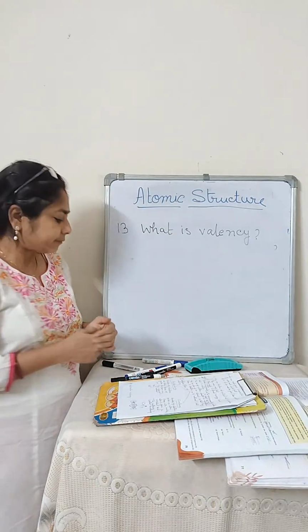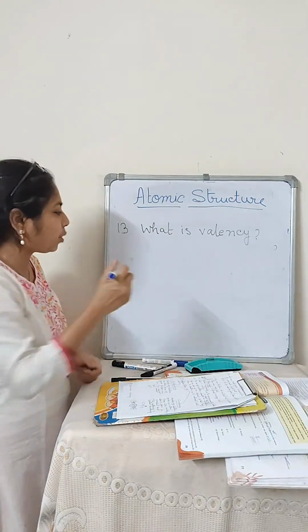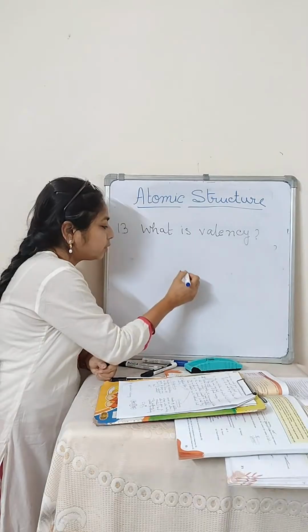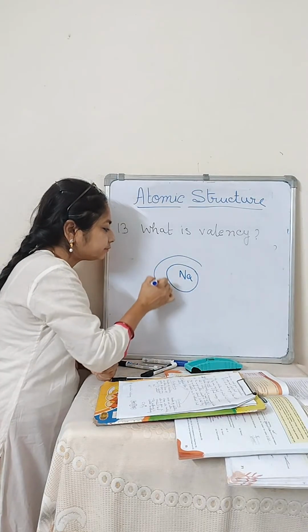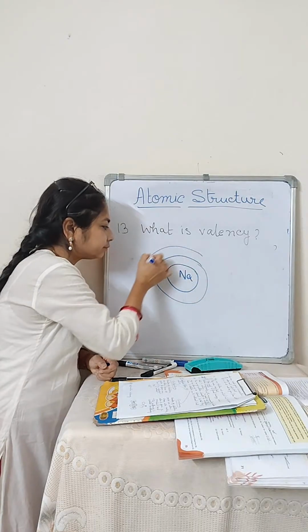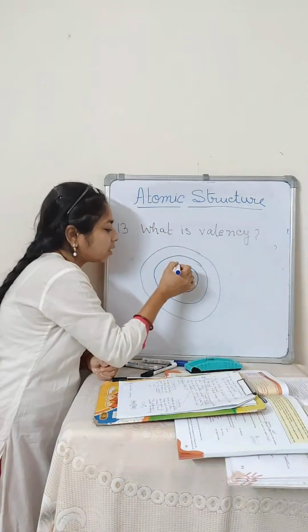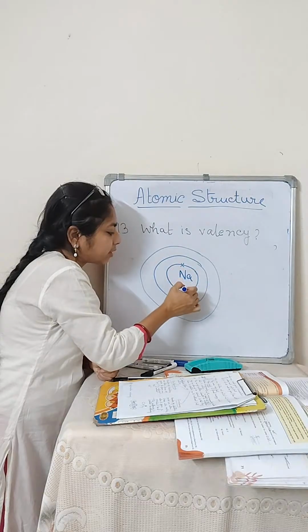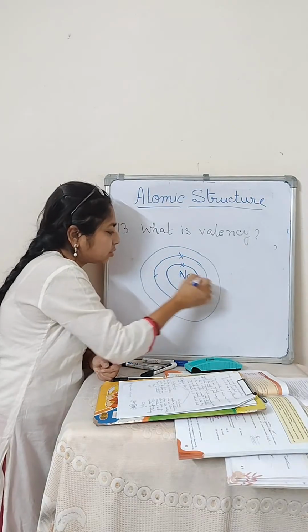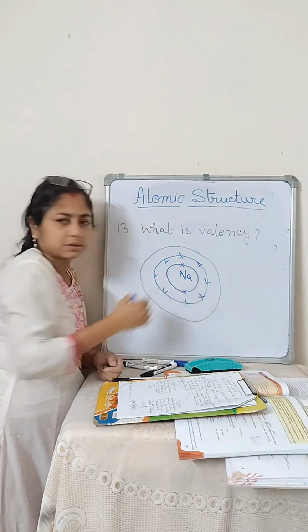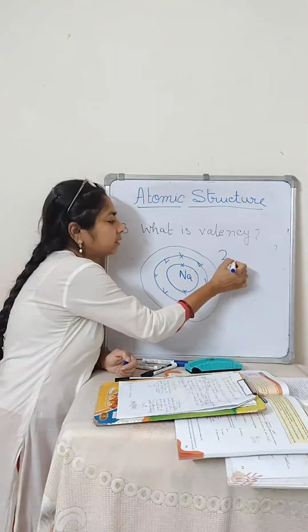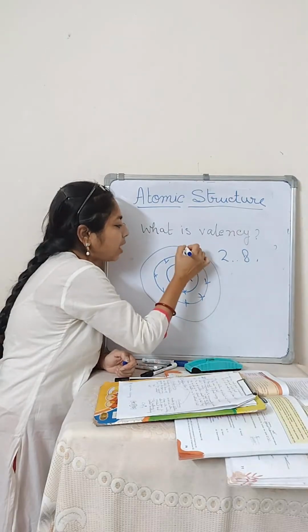Suppose sodium. It is 2, 8 and the last shell is 1.